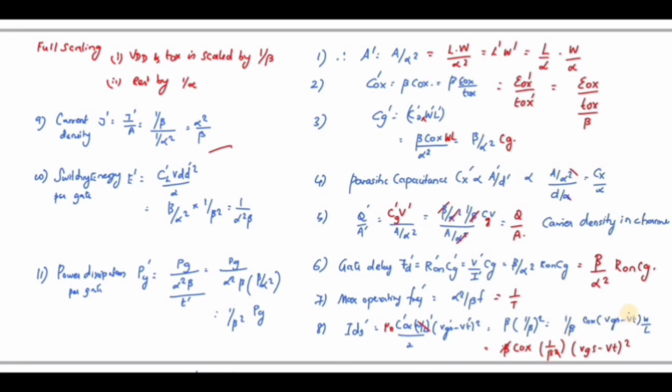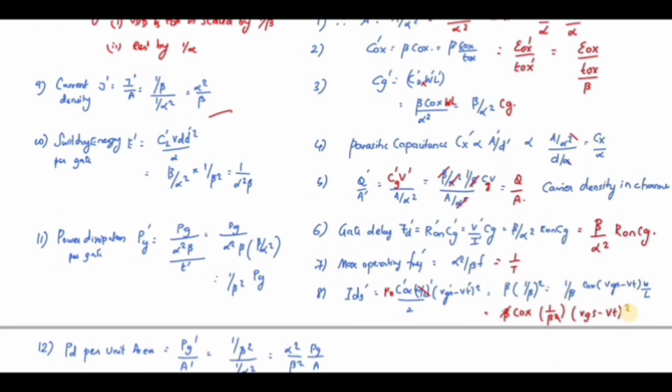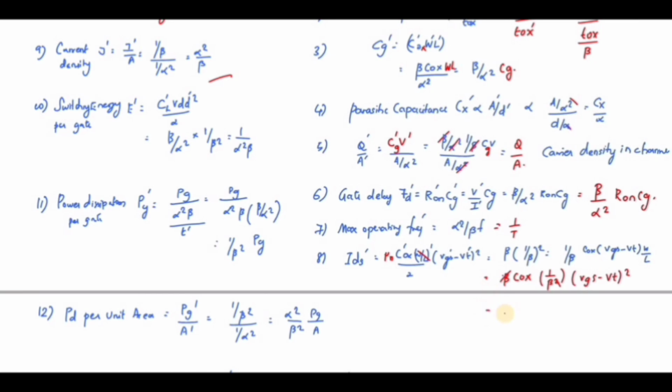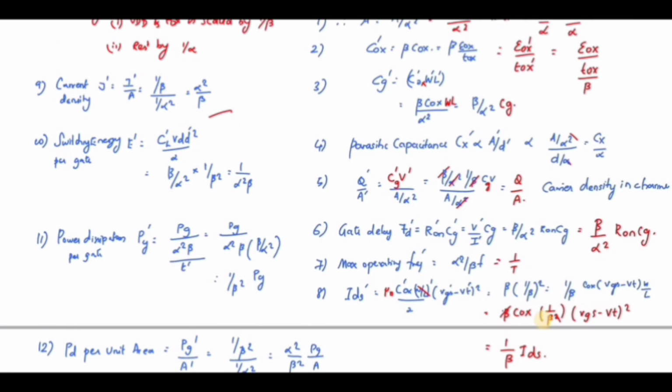So here beta and beta square get cancelled out, and you'll get 1 by beta. So this is nothing but 1 by beta into IDS.